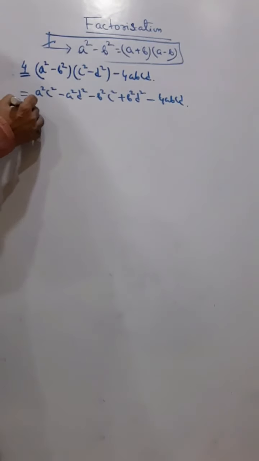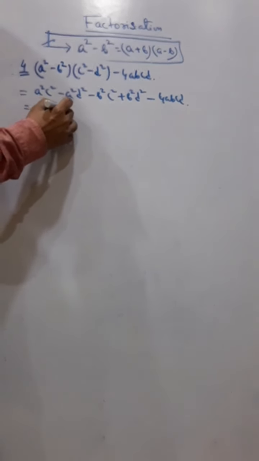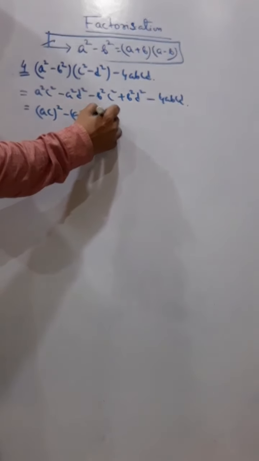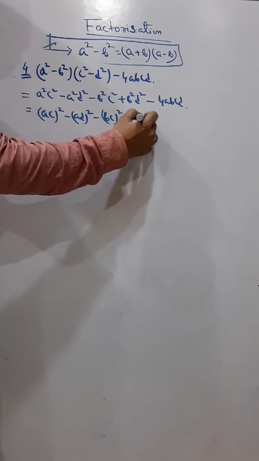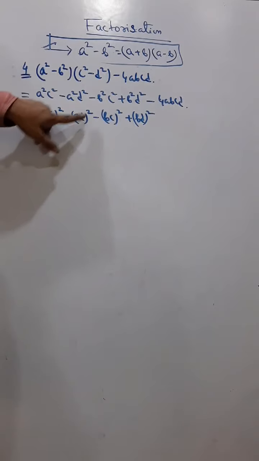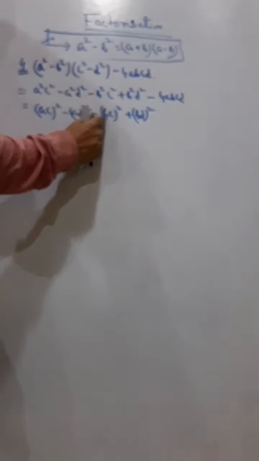Okay, so I get this. Next I'll write all of them in whole square. So I get ac square, ad square, bc square and bd square. Now what are this ac square and ad square? These are a square, b square, right? So these are in the form of a square and b square.